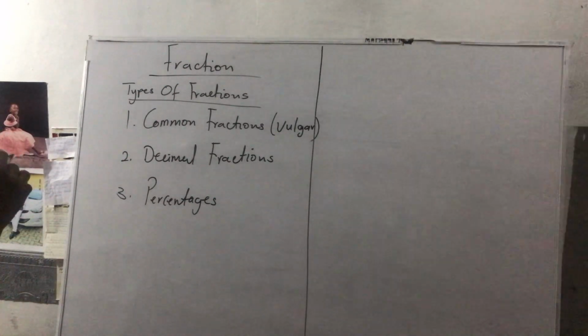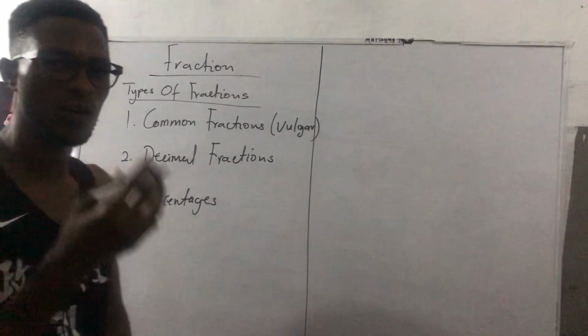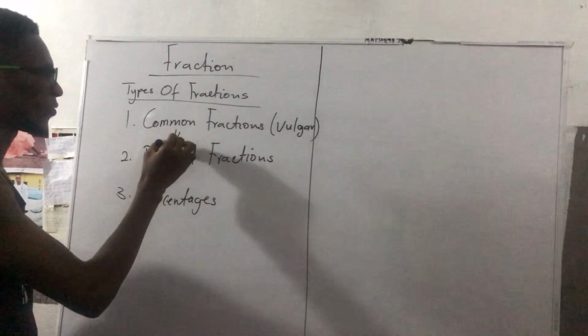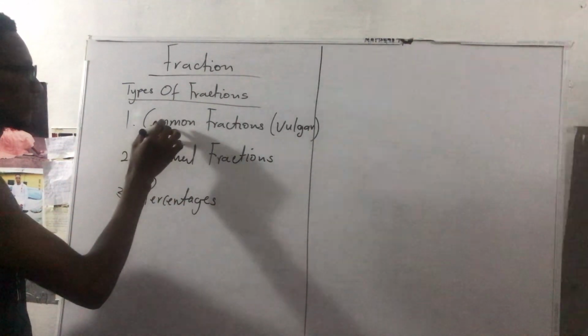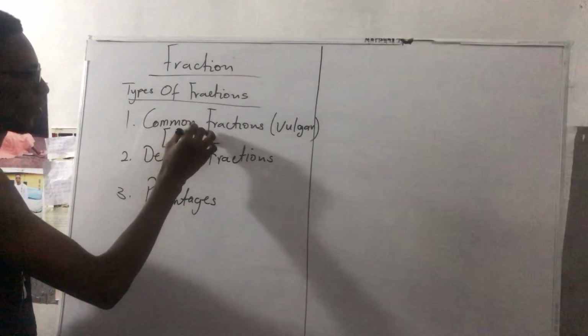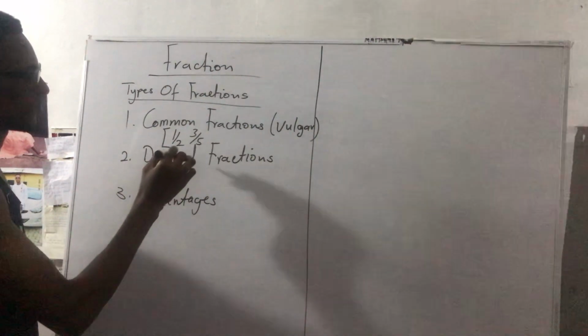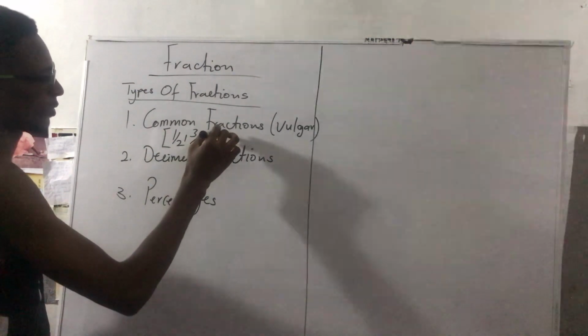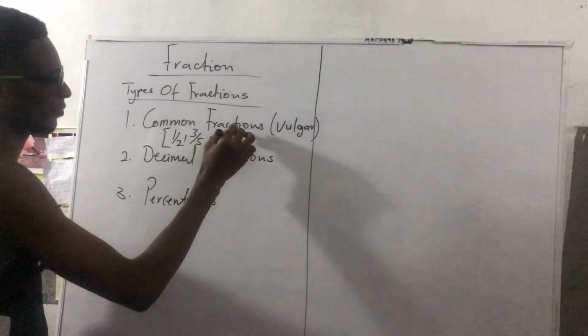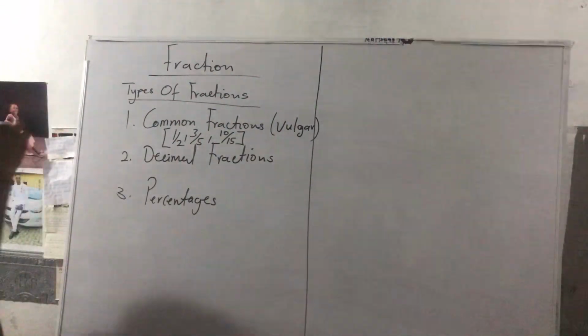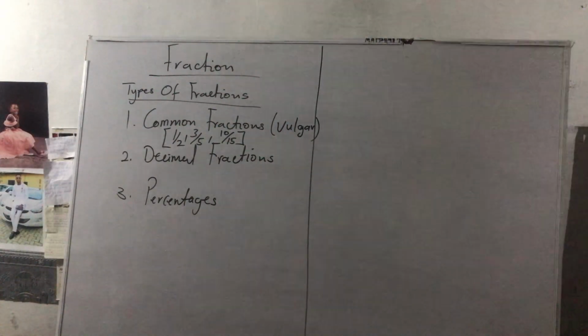Now, what do common fractions look like? They are of the form 1/2, 3/5, and let's say 10/15. Then we move to decimal fractions. How do they look?